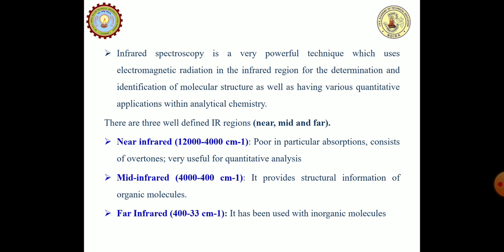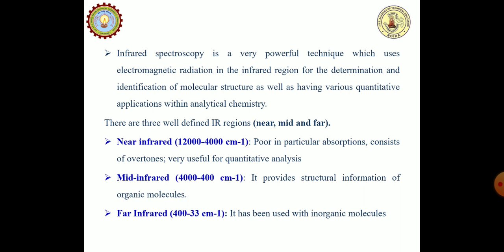For the determination of functional groups, molecular interaction, or identification of molecular structure, the infrared radiation of the electromagnetic spectrum is used in infrared spectroscopy. That is, the infrared region is very important. There are three well-defined infrared regions.